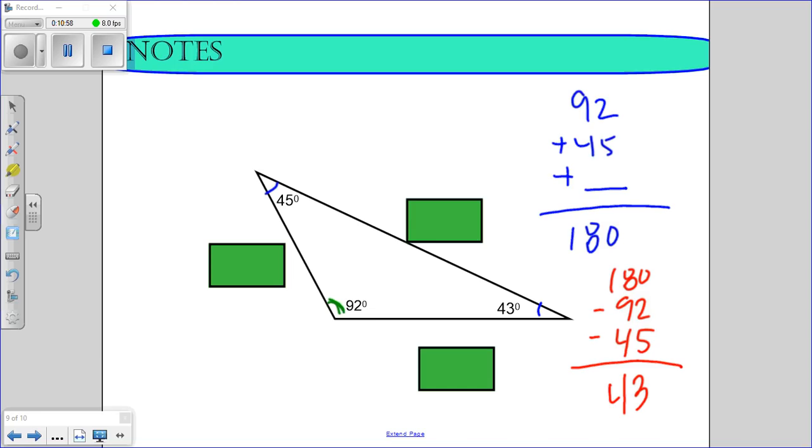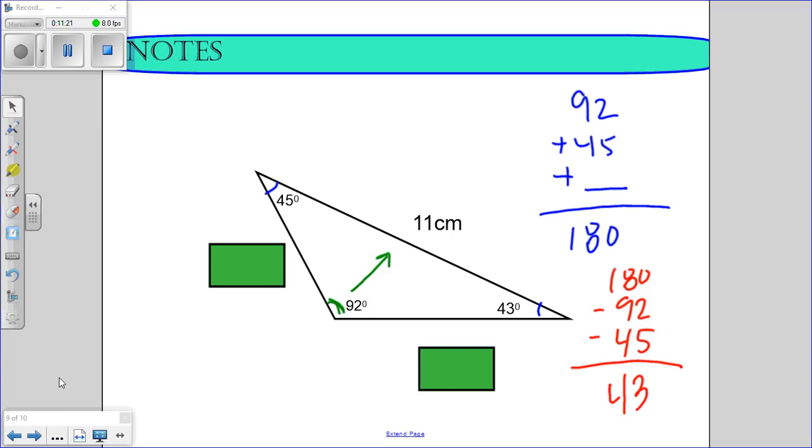The side that it looks at, this one right here, the side that is across, is going to be our longest side. Okay, so that means that the other two side lengths have to be smaller than 11.